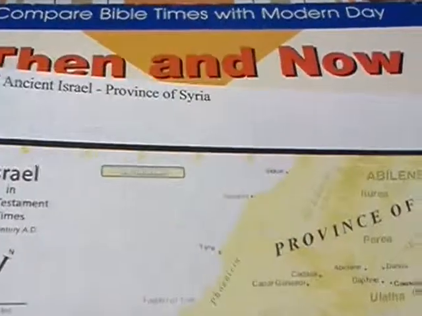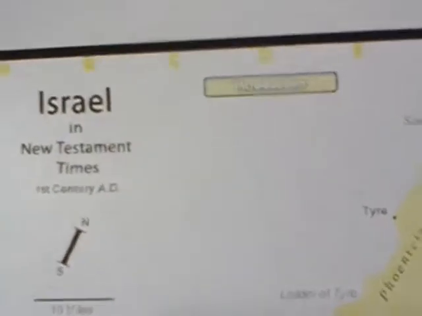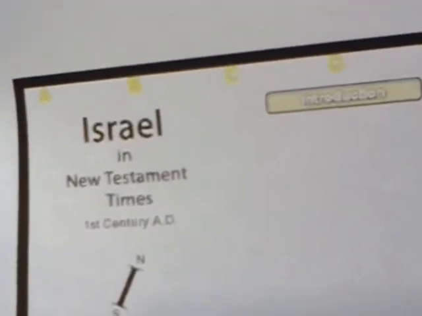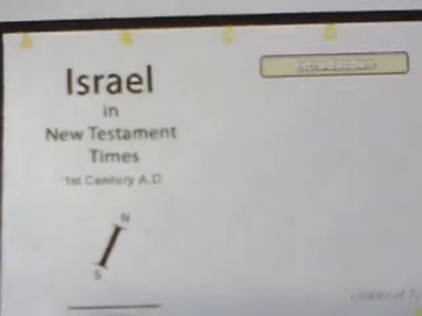In 197 BC, Phoenicia, along with Syria, reverted to the Seleucids. It says Phoenicia along with Syria reverted to the Seleucids.